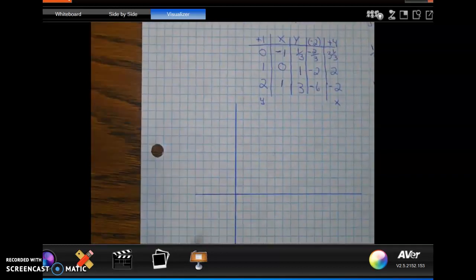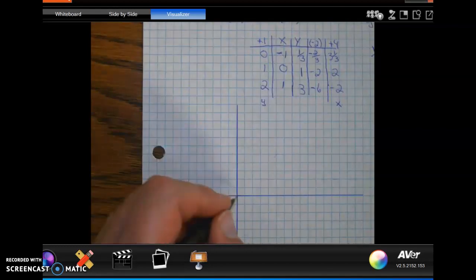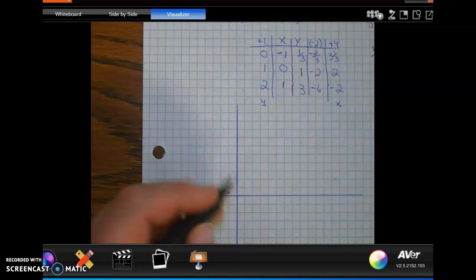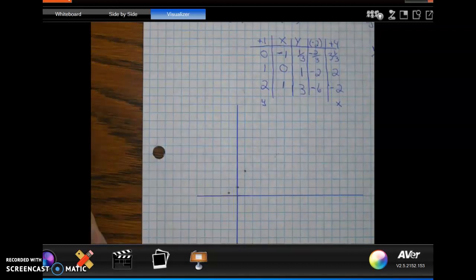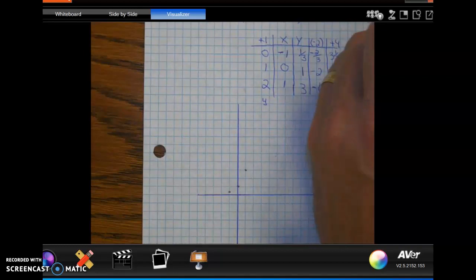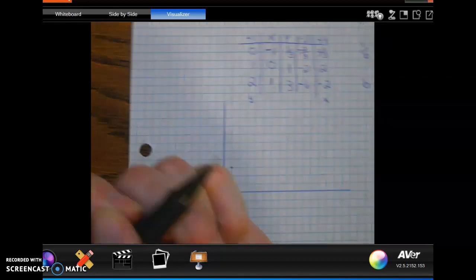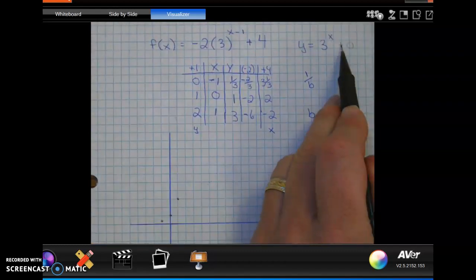So let's just start by plotting our parent just to see what it looks like. So we have -1 and 1/3, 0, 1, 1, 3. And for our parent function, our k value here is 0. Oops, sorry about that. Let me scoot over here. Our k value is 0.